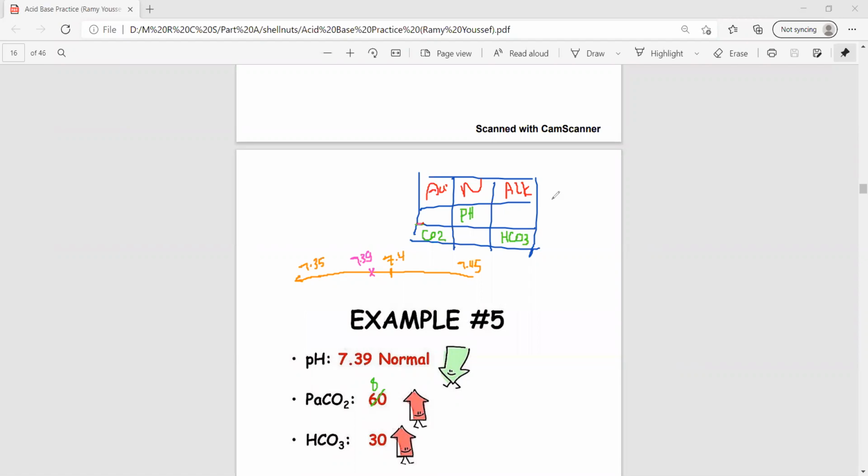The pH is normal. We've got full compensation, and the pH is leaning towards the acidic side. Well, okay, we will write here fully compensated.